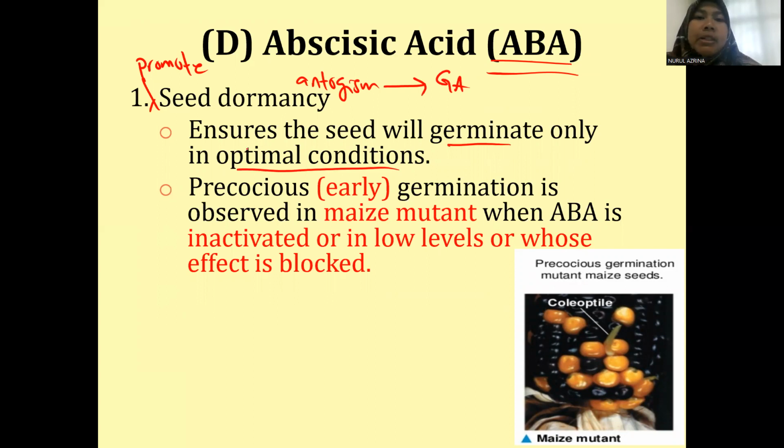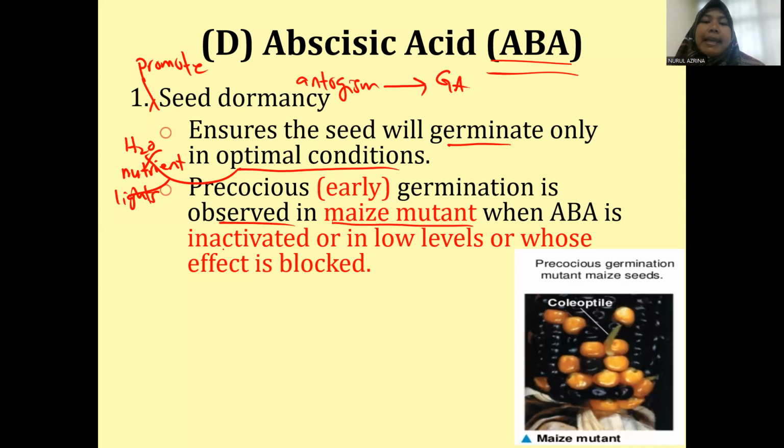What does it mean by optimal condition? When there is enough water, enough nutrients, enough light, for example. So ABA will make sure the seed will only germinate at optimal condition, but gibberellin will induce the seed to germinate.